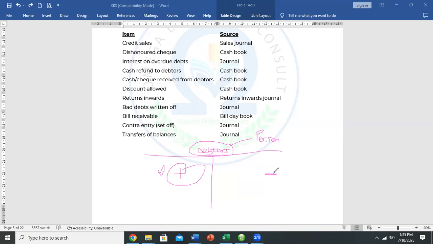So any of my professors can pick any of the items here, be it credit sales or discount allowed or returning, and do the analysis for us whether it will increase the balance or reduce the balance, so we know whether to debit that item or credit it. So who will do that for us?